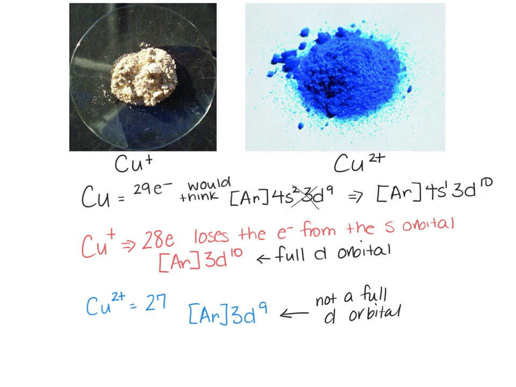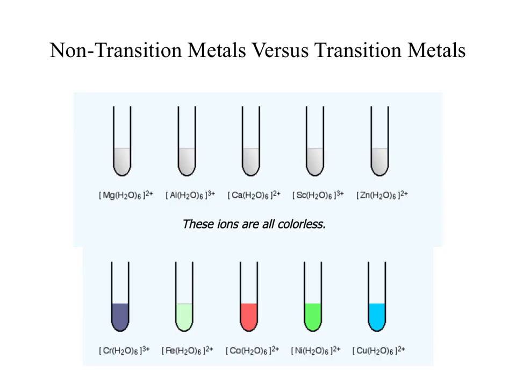Maybe that empty d orbital matters. Let's look at some other elements. So I have some other elements here that have the approximate colors of some things and things that don't have color. And the take-home message here is these guys, they either have full d orbitals or no electrons in d orbitals.